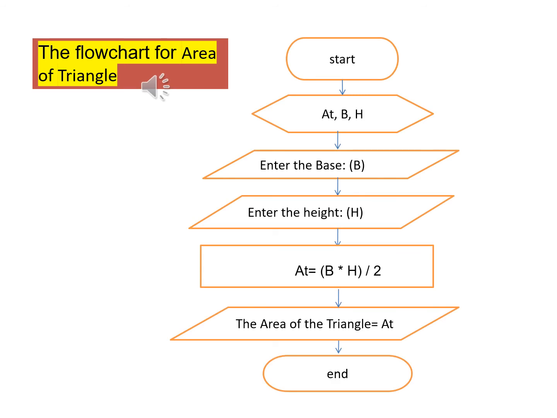The next flowchart is the area of triangle, starting with the terminal. Next is the initialization for the variable, input and output. Then next is the message for the user to enter a base, and then the variable declaration B. Then next is enter the height and the input variable declaration of H. Next is the formula for the area of the triangle.